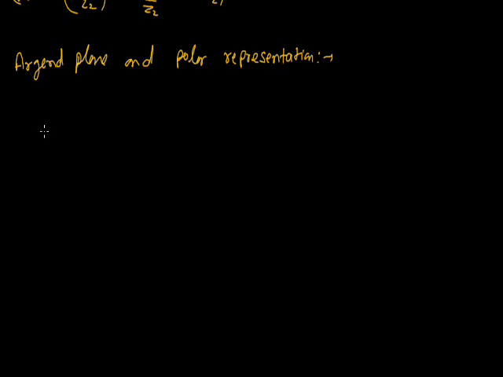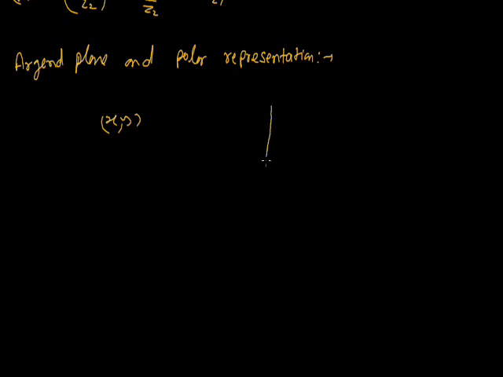Now we are talking about the Argand plane and polar representation of complex numbers. So here, for each ordered pair of real numbers, suppose we have an ordered pair of real numbers x comma y, we get a unique point in the xy plane.